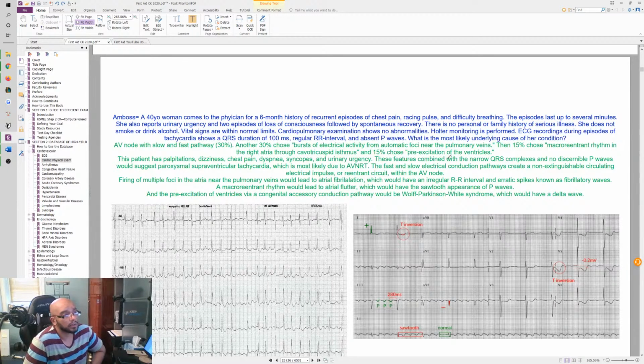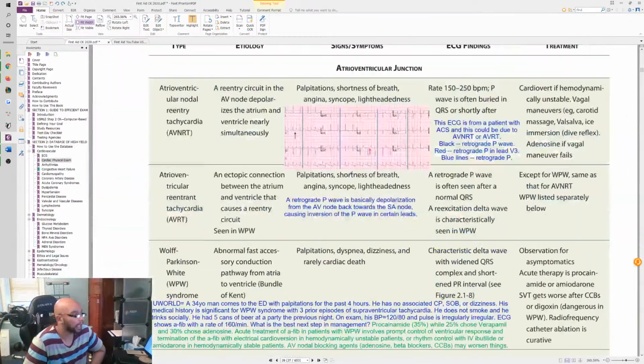The fast and slow electrical conduction pathways create a non-extinguishable circulating electrical impulse or reentrant circuit within the AV node, and that's exactly what happened to her. So we haven't looked at it yet, but that's this stuff: AV nodal reentry tachycardia, AVNRT. And that's what our patient right now is kind of presenting with.